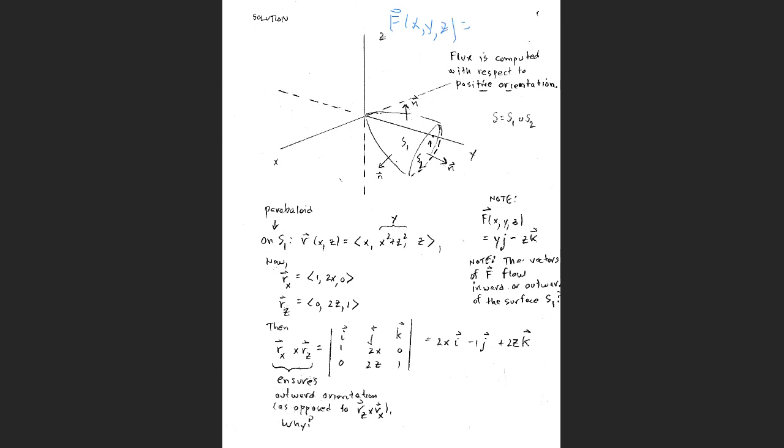Okay, here's the vector field again. Now across my surface S1, the paraboloid, we established that the Y, or the J component, has to be positive.